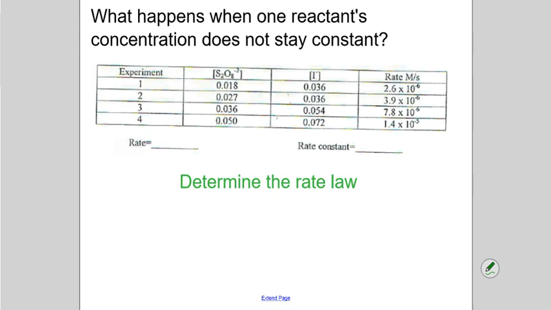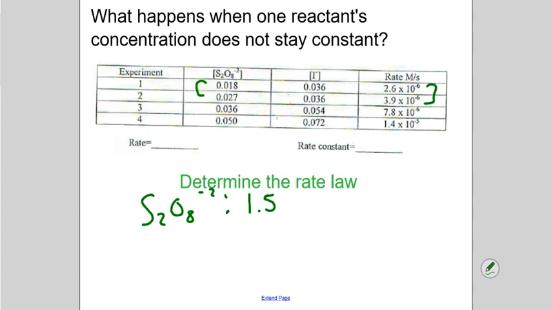So first off, we'll use experiment 1, 2 where things do actually stay the same. So right here, this whole thing is increasing by 1.5. So for S2O8, it is changing by 1.5.